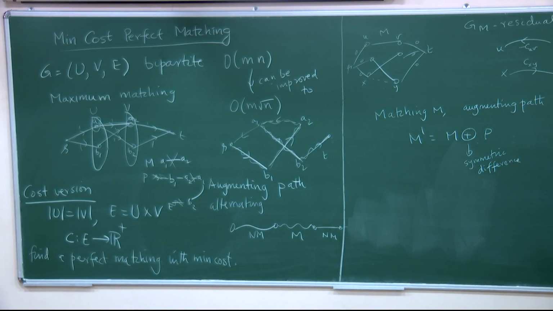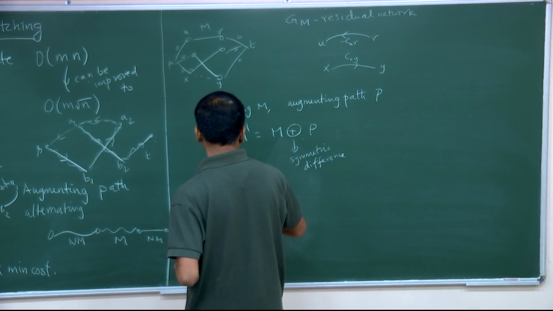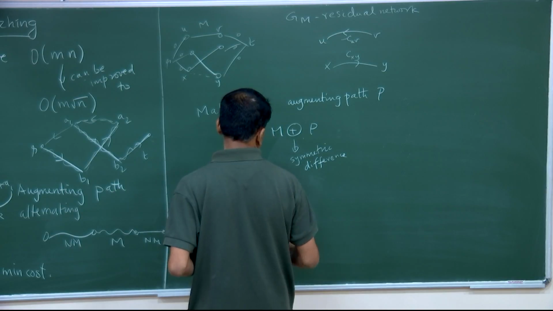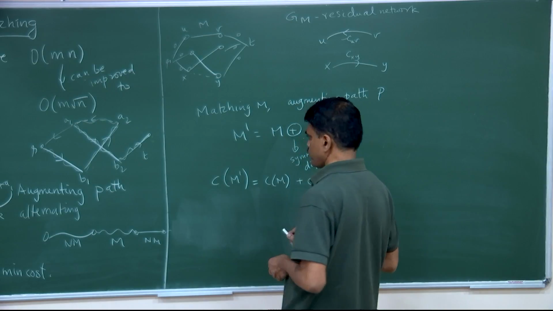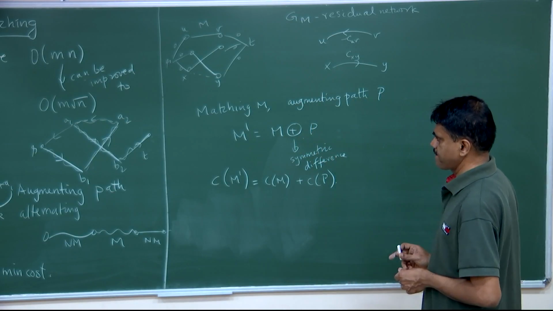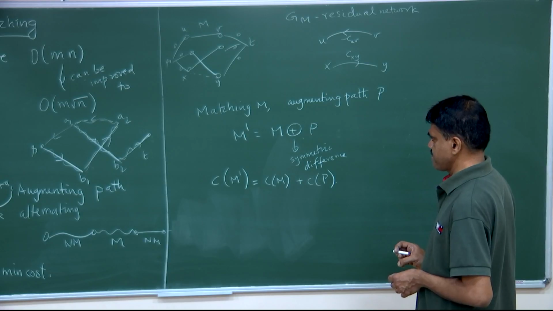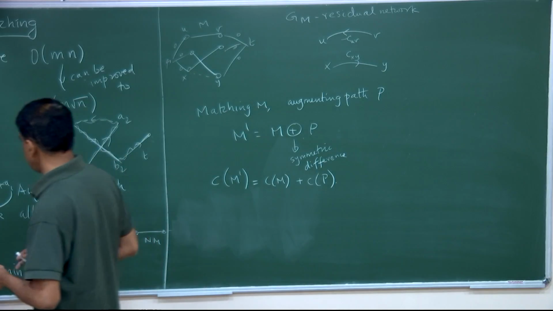Okay. And interestingly, this is also true the way I have defined now. Cost of the new matching is cost of M plus cost of P. Let's see why again, right? Cost of the new matching.